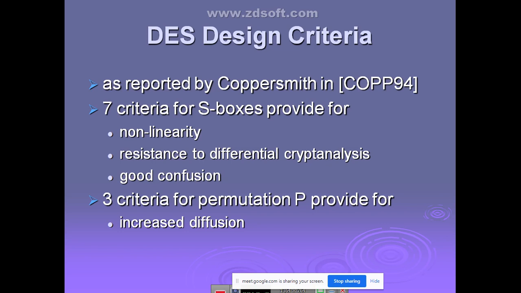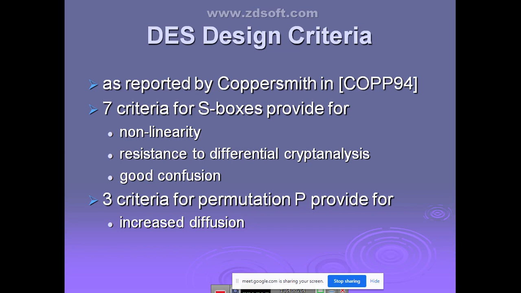Mainly, the DES design contains 2 operations, substitution and permutation. The substitution operation is represented in DES by using S-boxes. Have you remembered? In each round structure we have studied, we used 8 S-boxes. Using such 8 S-boxes provides non-linearity and resistance to differential cryptanalysis.